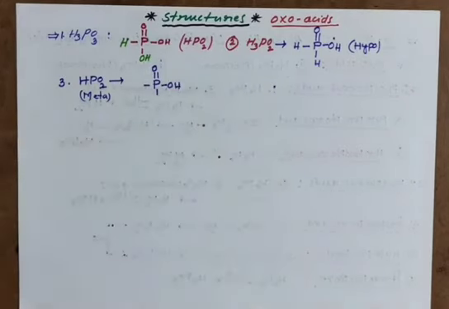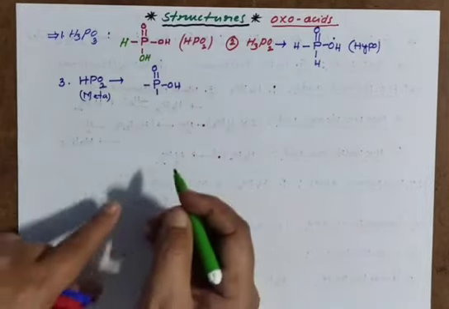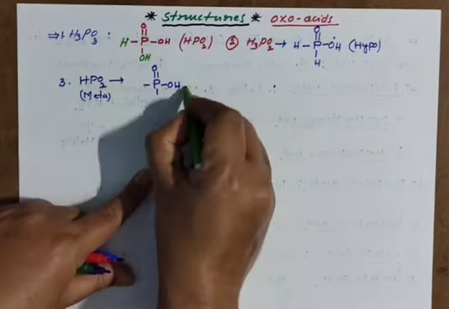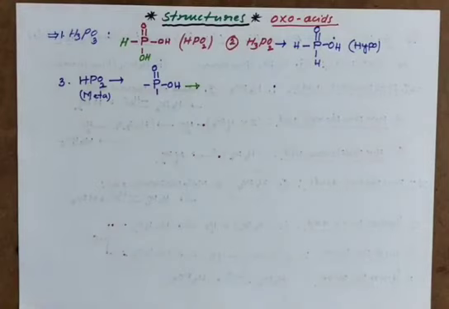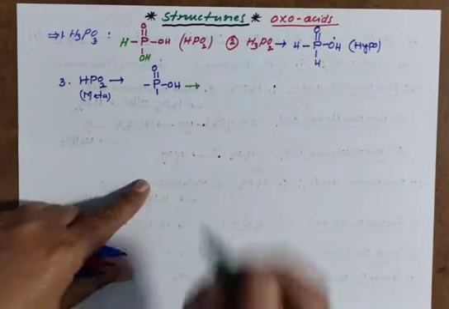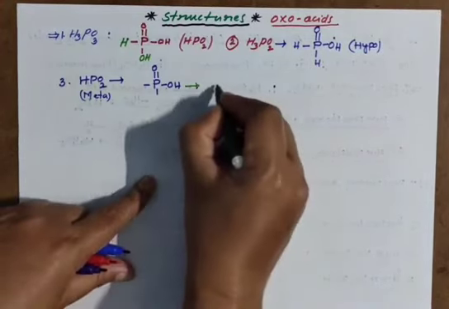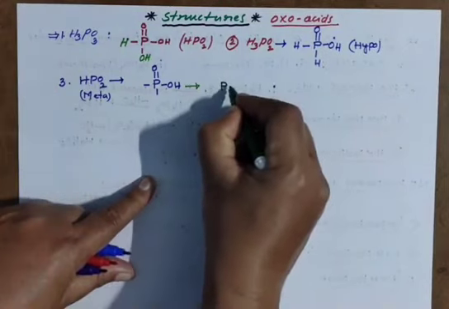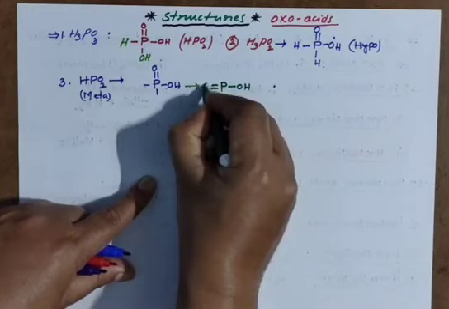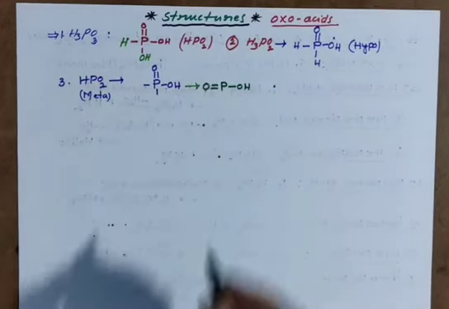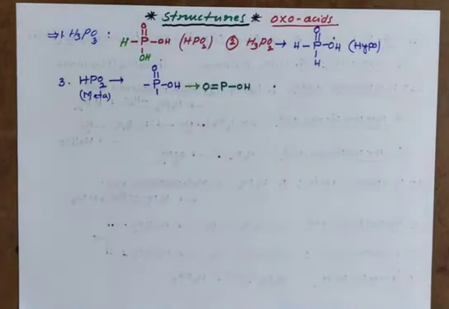Here 2 oxygens are completed, 1 phosphorus completed, 1 hydrogen completed. That's why we can draw it easily. The structure looks like this: P central atom, 1 OH bond, 1 double bond O. This is the structure of metaphosphorus acid.